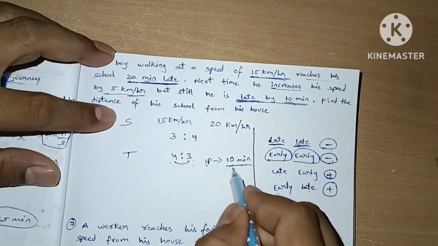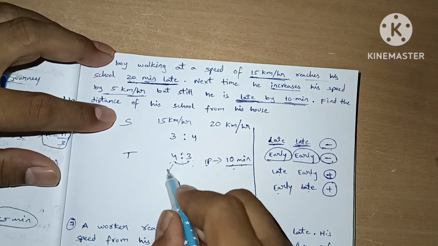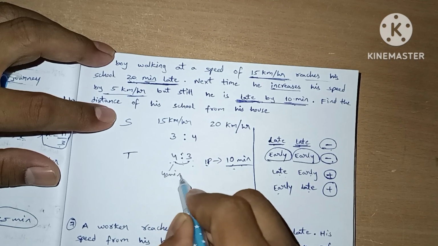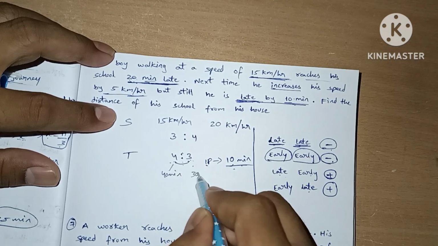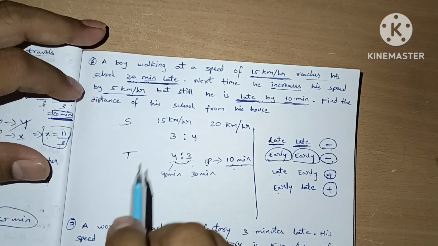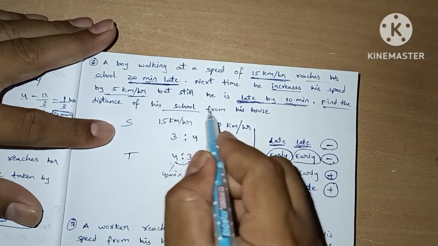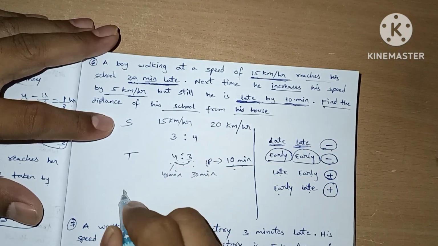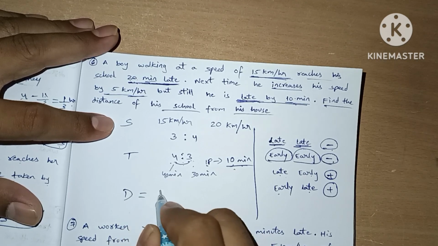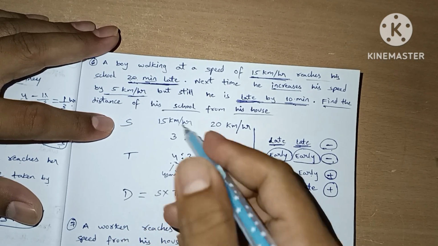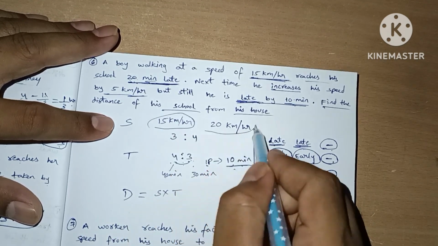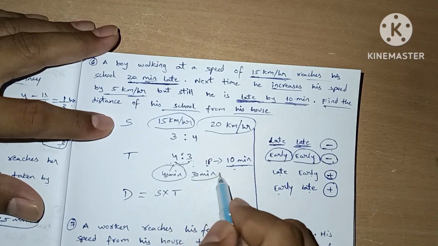So 4 parts value is 40 minutes, and 3 parts value is 30 minutes. What is the question asked? Find the distance of his school from his house. Asking about the distance, distance is equal to speed into time. So we have two speeds and two times.